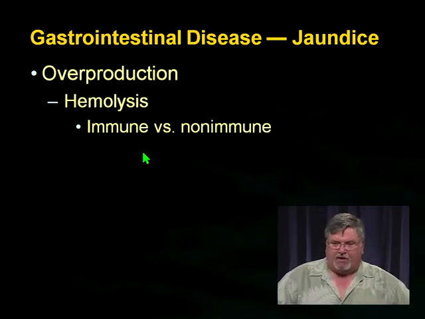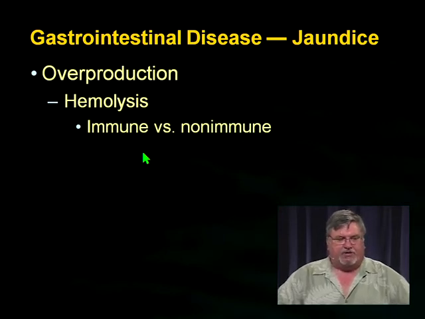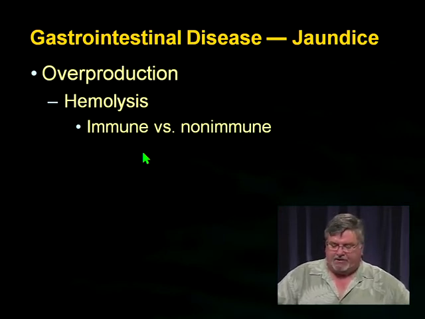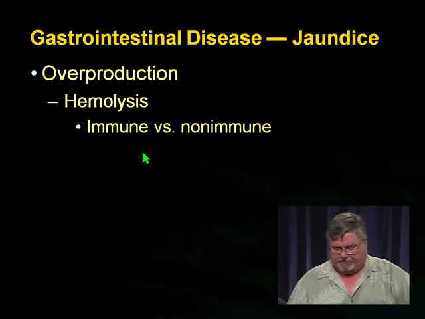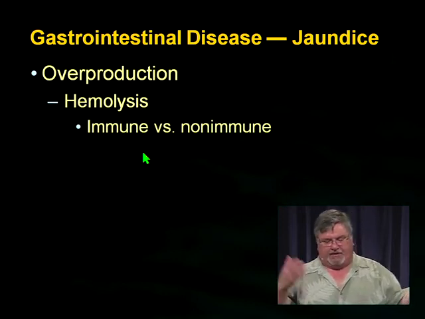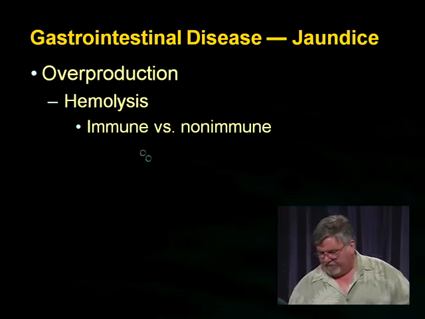So what about on the overproduction side? The major cause of overproduction is hemolysis, and hemolysis can either be immune-mediated, so those are the ABO-RH incompatibilities, or non-immune mediated. Those are generally the cell wall or hemoglobinopathies that are unstable that cause hemolysis. So overproduction, hemolysis either immune or non-immune mediated.